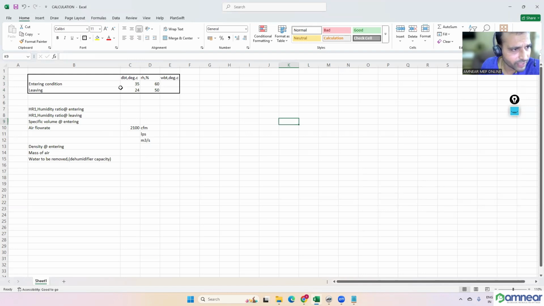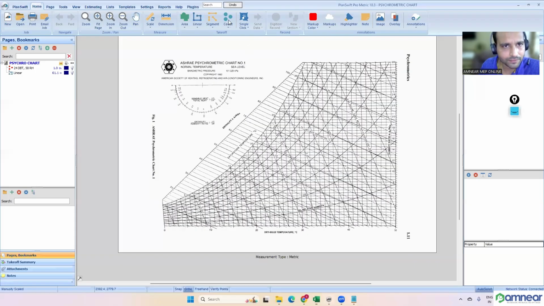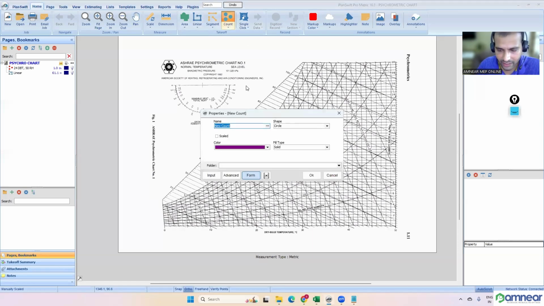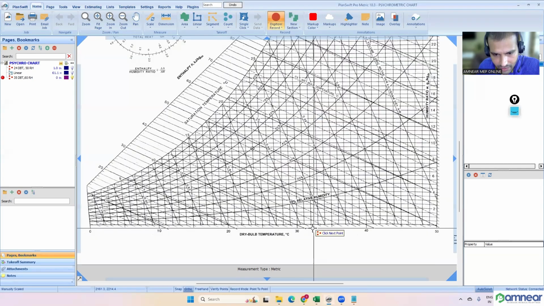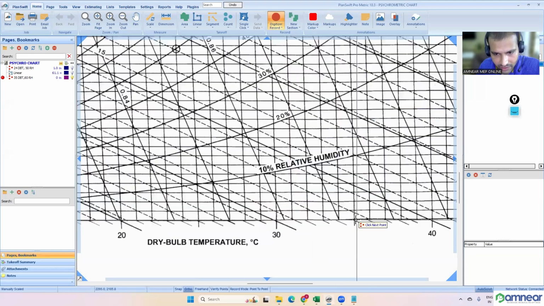Very simple procedure. First, we have to plot this on the psychrometric chart. 35, 60: 35 degrees Celsius dry bulb temperature and 60% relative humidity. 31, 32, 33, 34, 35.